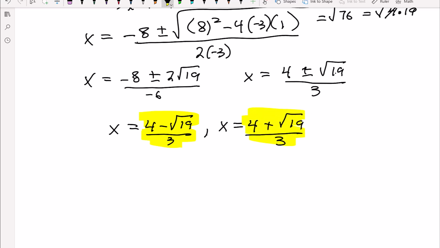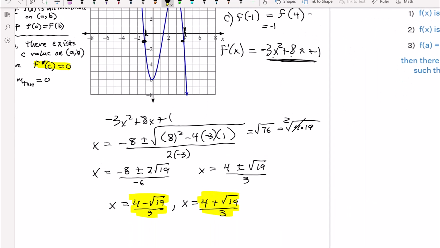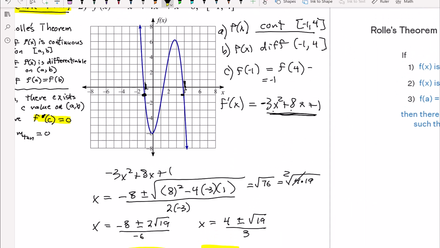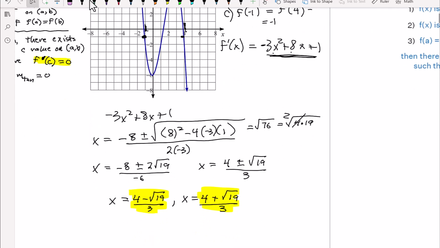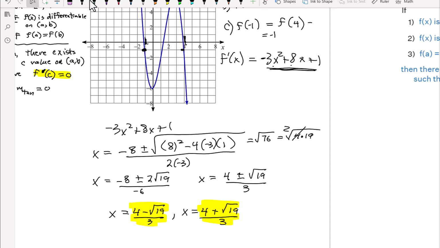So what you have to do is plug it into the calculator and see, when that simplifies, do those values fall in that interval right there?